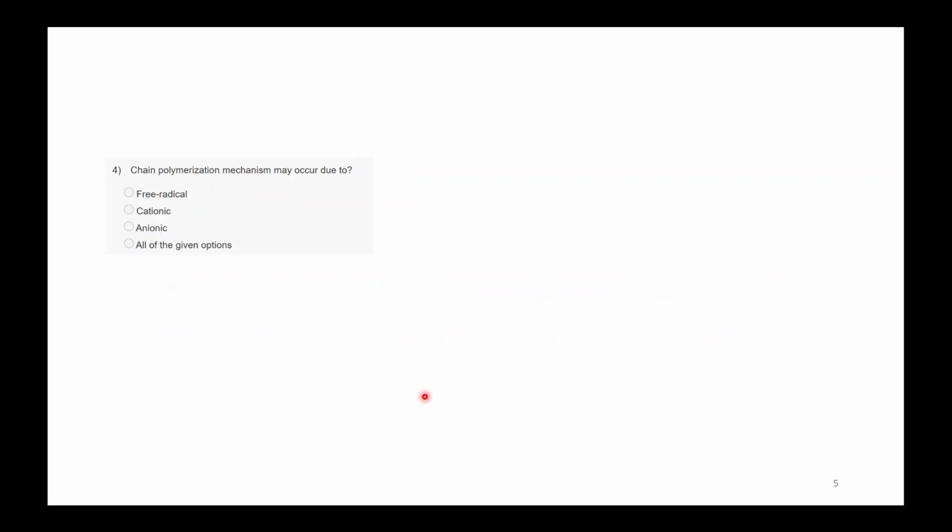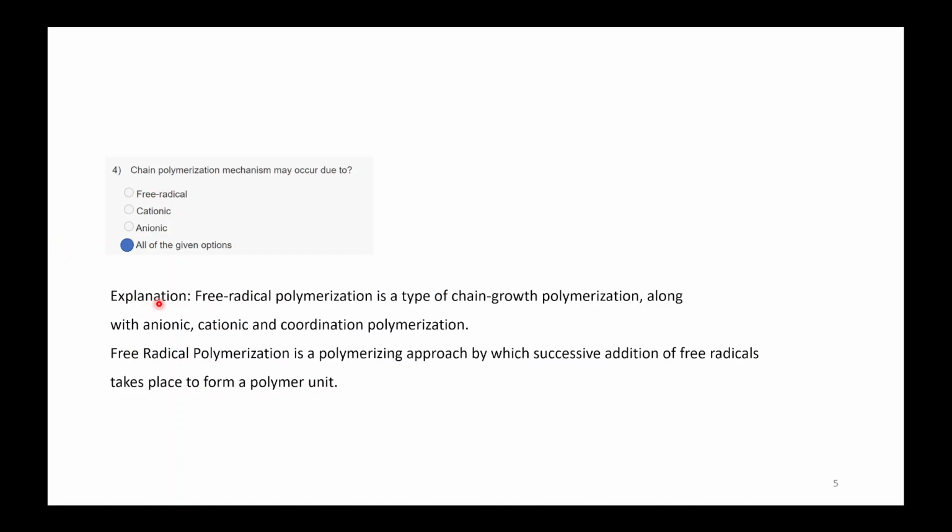The next question is, chain polymerization mechanism may occur due to, and the options are free radical, cationic, anionic, or all of the above. So your answer will be all of these. We can explain this by saying that free radical polymerization is a type of chain growth polymerization, along with anionic, cationic and coordination polymerization.